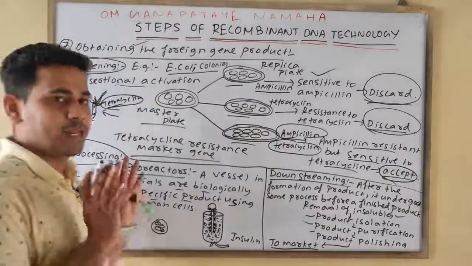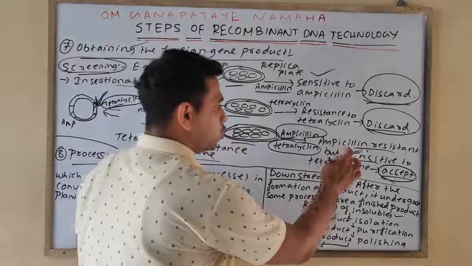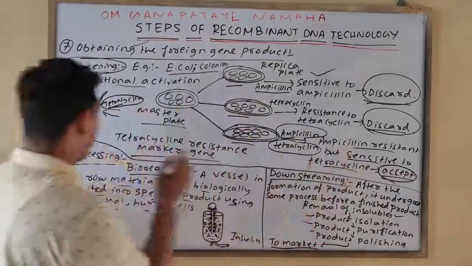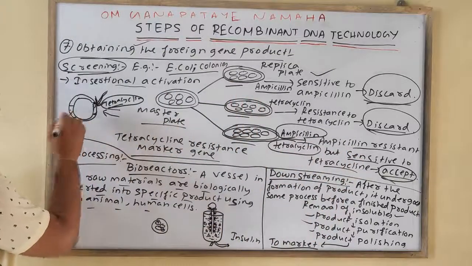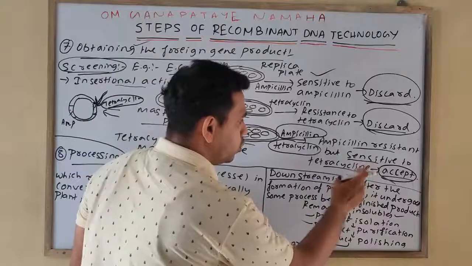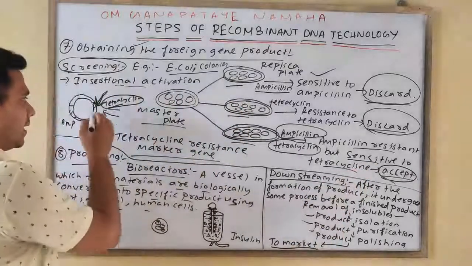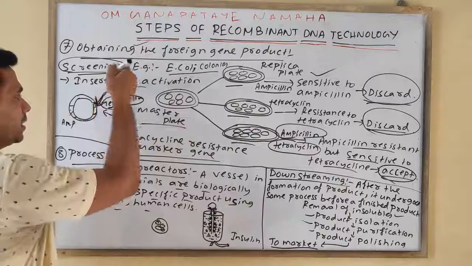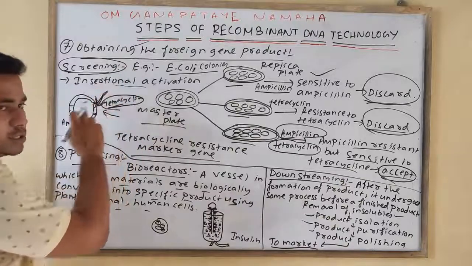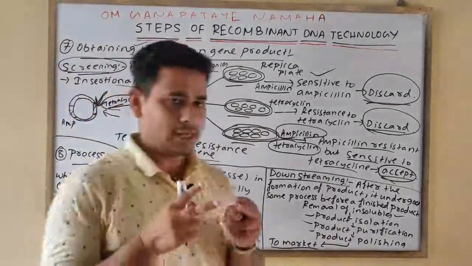Generally, if the recombinant DNA is present, it should show resistance to ampicillin, as the ampicillin resistance gene is present, but it should show sensitivity to tetracycline, as the tetracycline gene is now absent, since the recombinant DNA is introduced at that place where the restriction endonuclease cut.